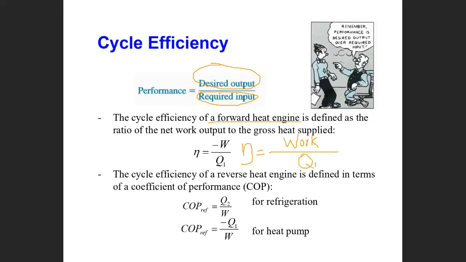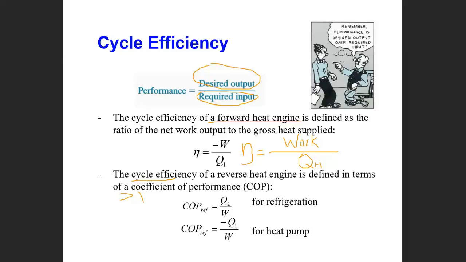And what about the reverse heat engine? This is interesting: its cycle efficiency is much larger than 1, so we cannot use efficiency. We are newly introducing the coefficient of performance for the reverse heat engine.